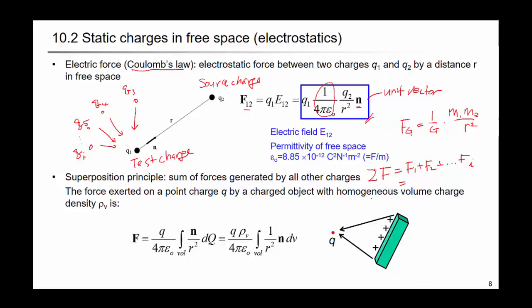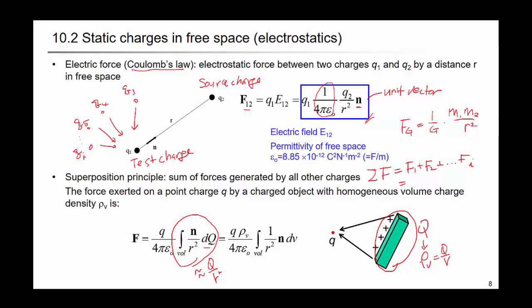And then you may have a cloud of charges in some volume, right? In a volume. If this is the Q in a certain volume, then this is Q over R squared, equivalent to that. And here the dq can be expressed with the charge density, so rho v is Q over volume.